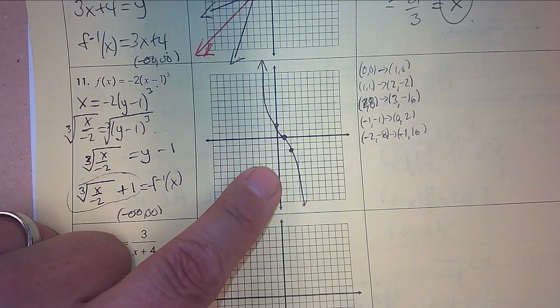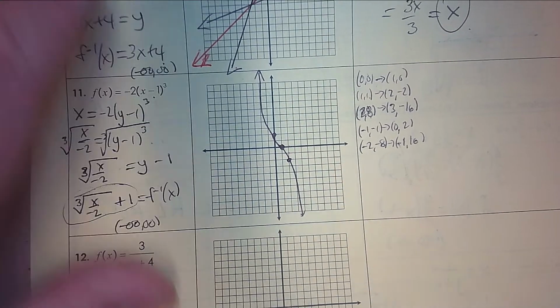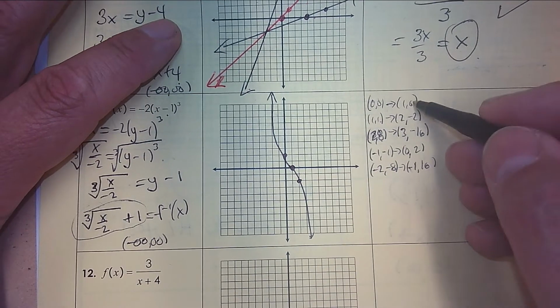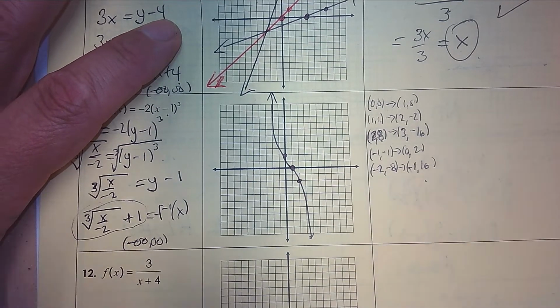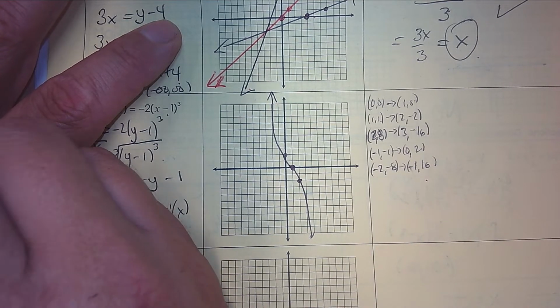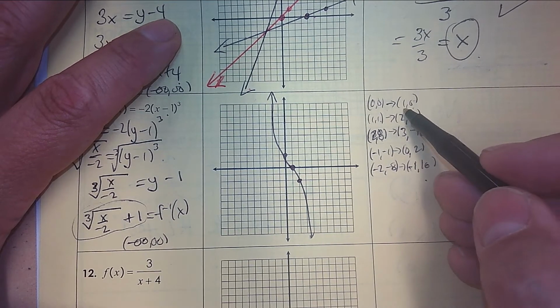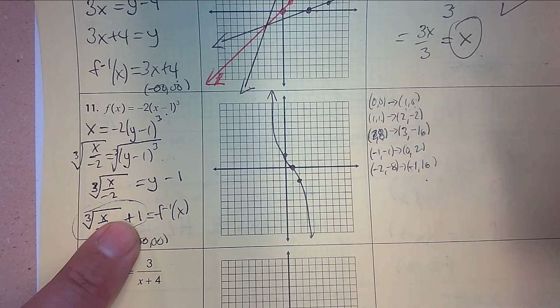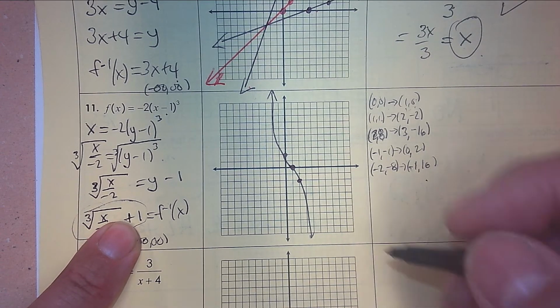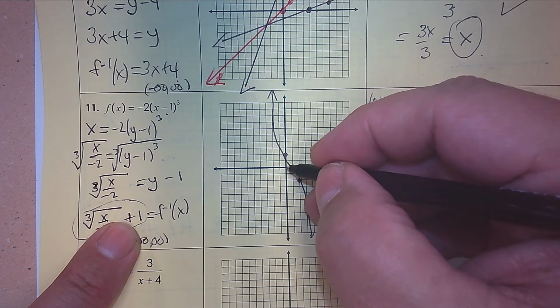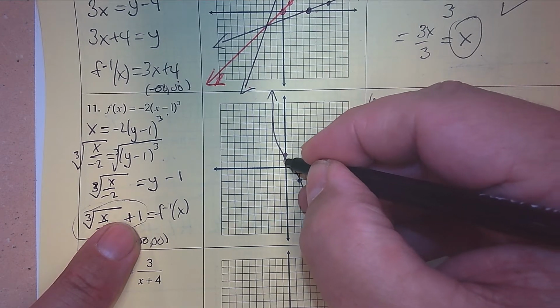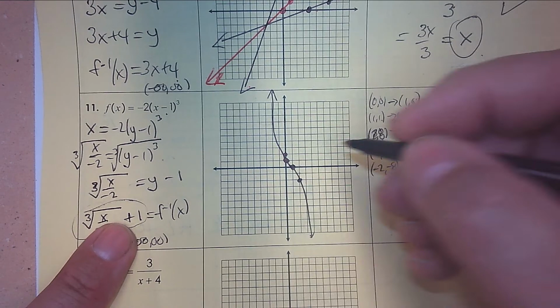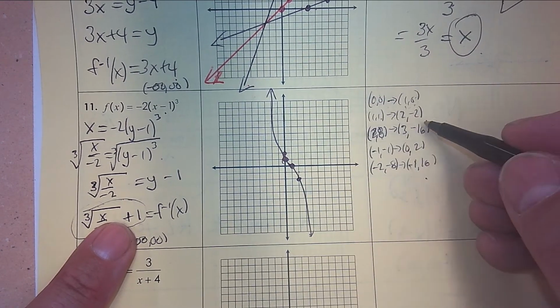Now, how would I graph the cube root? Well, do you see all these points we came up with? If they're inverses, the x and y can be flipped. So if I plug in 0, the answer should be 1. So 0, 1 is on my graph. That means flip this one.